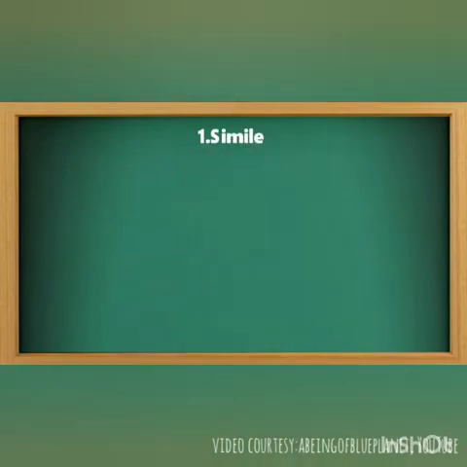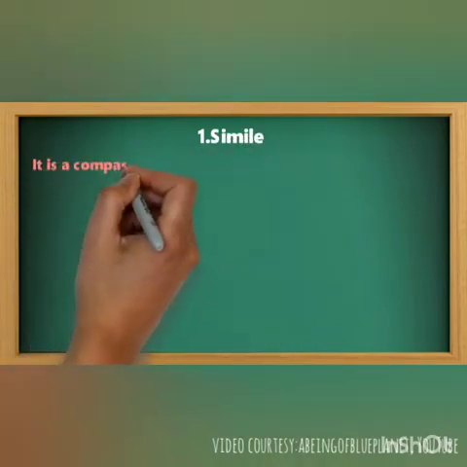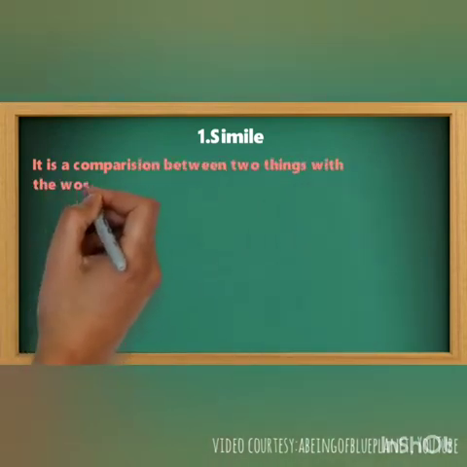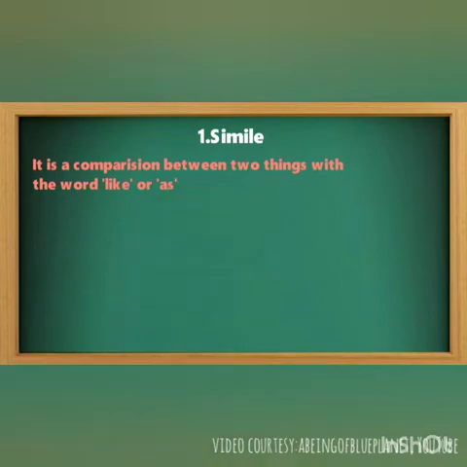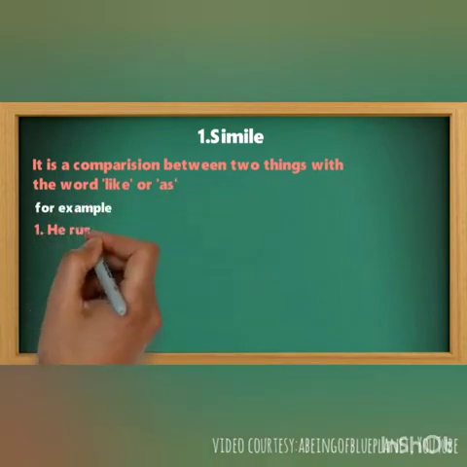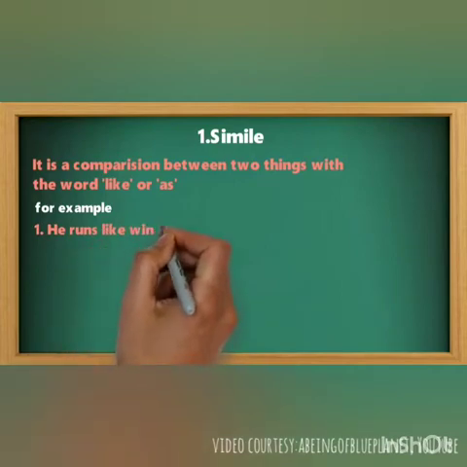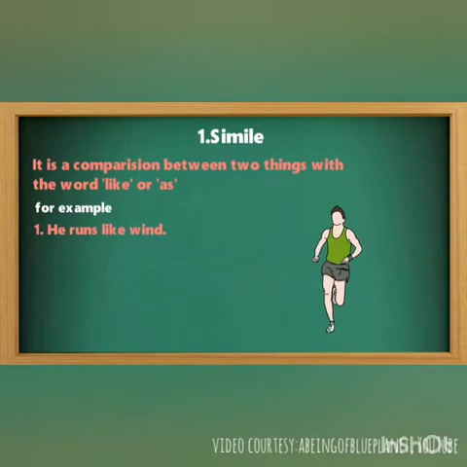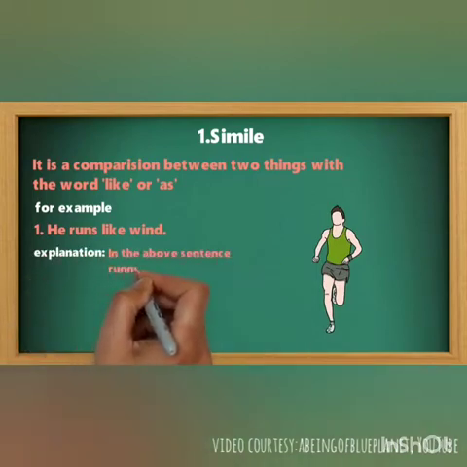Let's begin with simile. Simile can be defined as a comparison between two things with words like or as. For example, he runs like wind. In the above sentence, running of boy is compared to the wind with the word like.